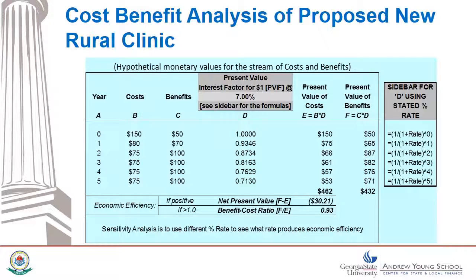Perhaps the 7% rate is not the right rate. Sensitivity analysis means to use different percent rates to see what rate produces economic efficiency. In this example, no rate level will change the project's inefficiency. The only solution that works would be to reduce the first year's costs.